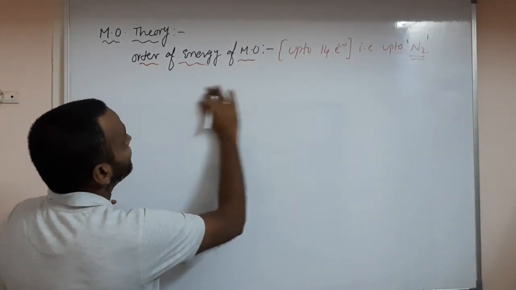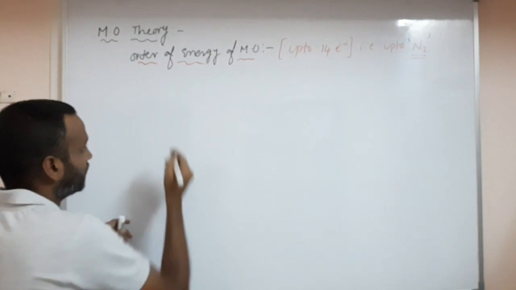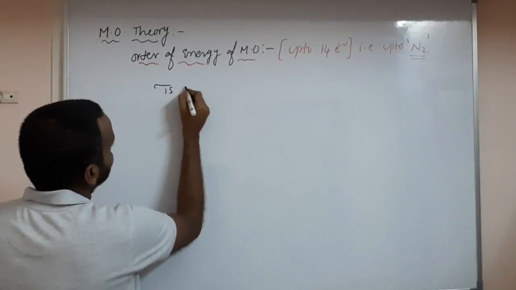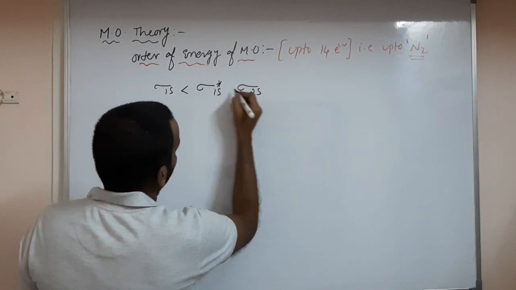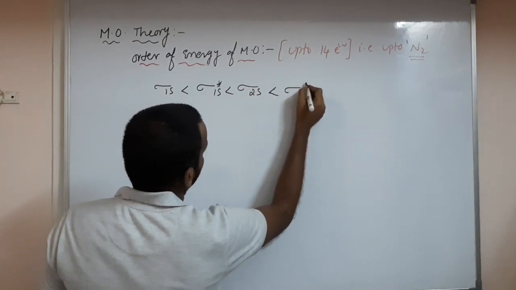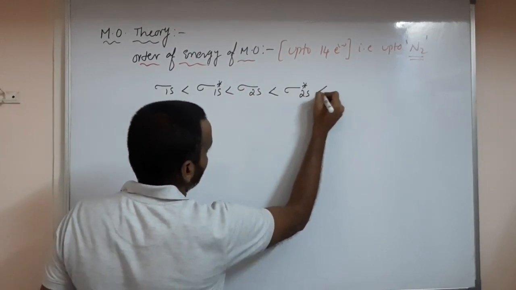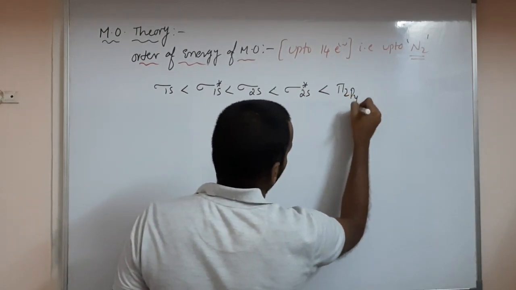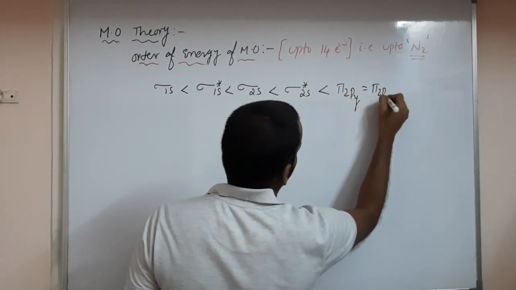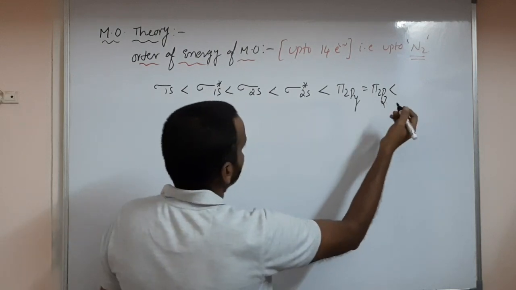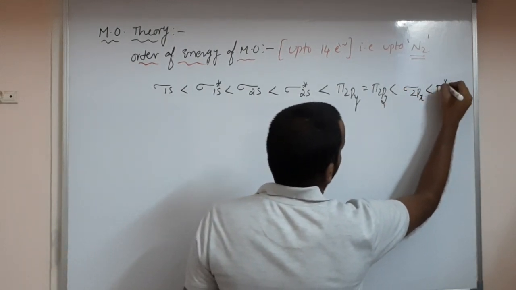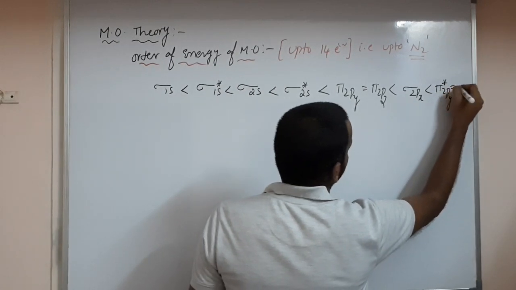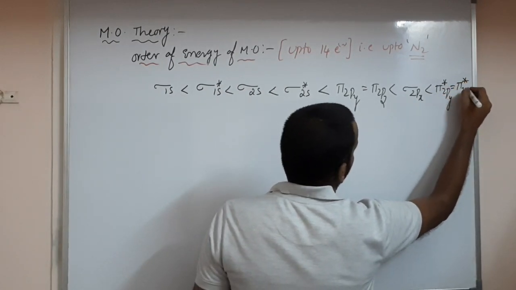So what is the order? I will write it in increasing order of energy. Sigma 1s, next sigma star 1s. Next sigma 2s, next sigma star 2s. Next pi 2py equals pi 2pz, next sigma 2px. Next pi star 2py equals pi star 2pz.